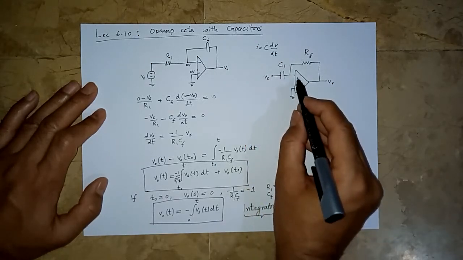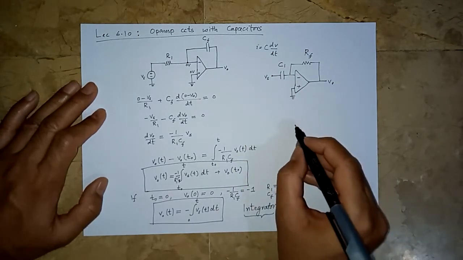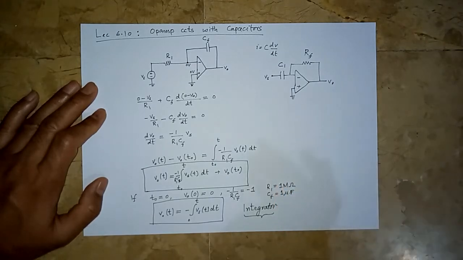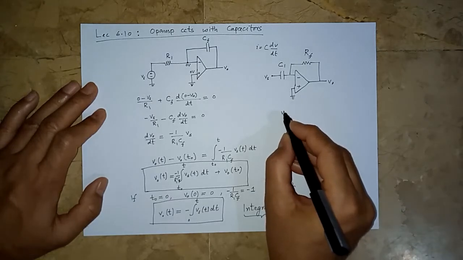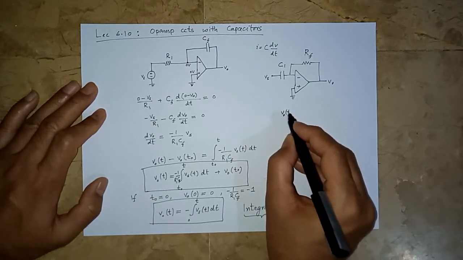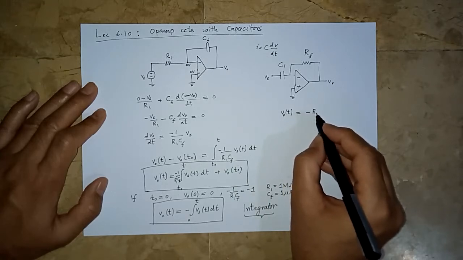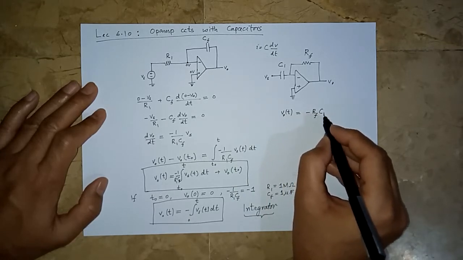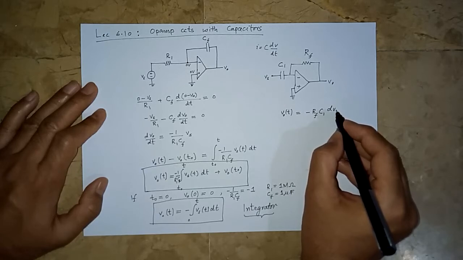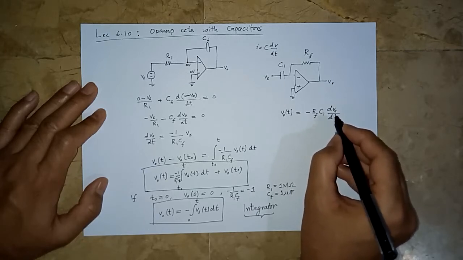Can you now do all this analysis and find that in this case the expression for the output, which I am not going to prove here but we can very easily find, is equal to minus Rf into C1 times dVs by dt.